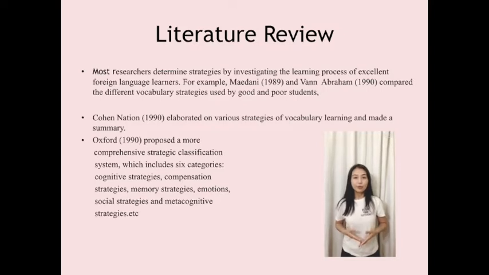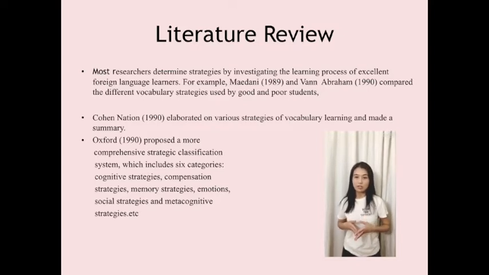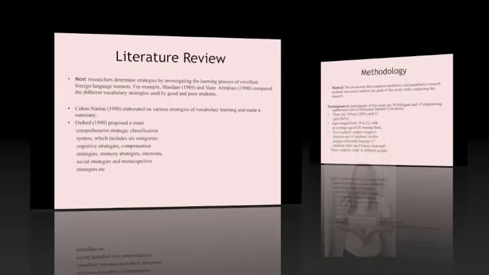And Oxford proposed a more comprehensive strategies classification system, which includes 6 categories like cognitive strategies, compensation strategies, memory strategies, emotion and social strategies, and metacognitive strategies. All of the 20 strategies which I'm using are taken from there.